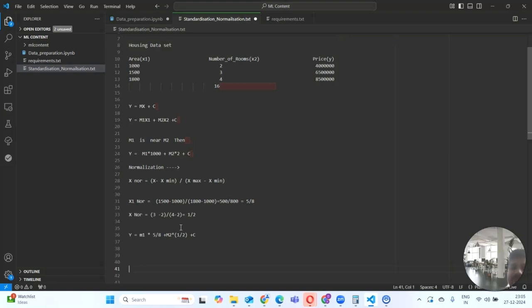So for gradient descent we don't basically do normalization. But if you use k-nearest neighbor, then normalization helps very much.